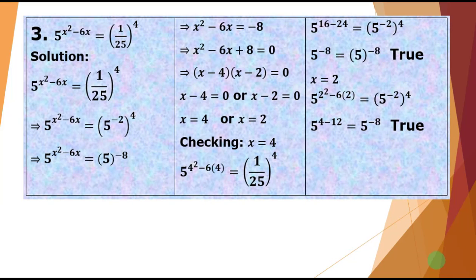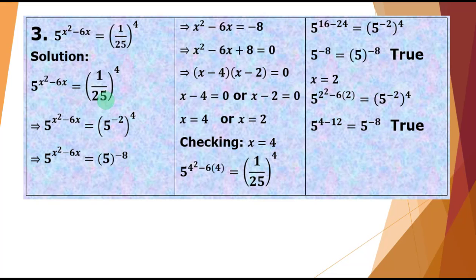Number 3: 5 raised to x squared minus 6x is equal to 1 over 25 raised to 4. Copy. Then we express the side: 1 over 25 is actually equal to 5 raised to the negative 2 exponent. So again, raised to 4.